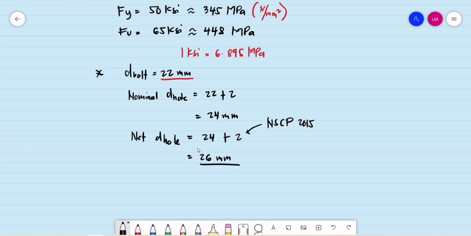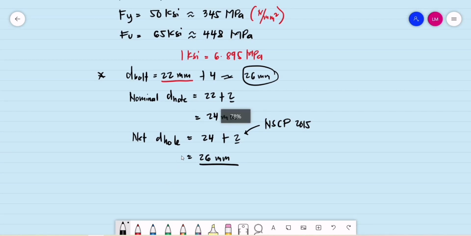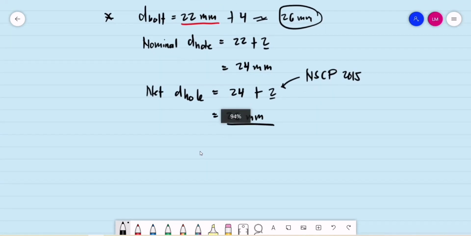Some designers directly add 4 mm for the final diameter of the hole, that will be 26 millimeters. But for this case, just to clarify, this is plus 2 from AISC, then plus 2 from NSCP 2015. So we are to use the diameter of the hole to be 26 millimeters.